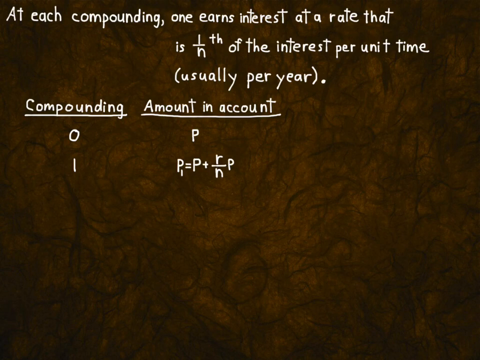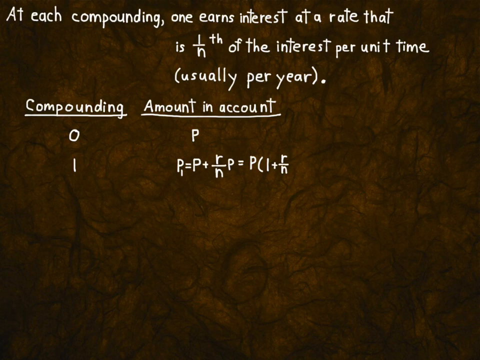The interest rate per year, just to make it simple, divided by the number of times that you're going to compound per year, and that gives you your interest rate for this short period of time. The R over N times P is the interest that you're earning over that short period of time, and you add it to the original principal to find your new principal, which is P sub 1.